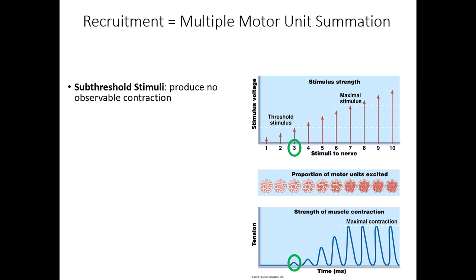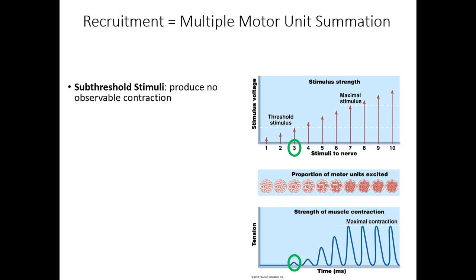And then the middle picture is showing you the cross-section of a muscle with the various motor units excited. So you can see the cross-section of the muscle on the far left has no dark circles. That means no motor units are excited or active. And then all the way on the right, you see that they're all active. And between none and all, there are varying degrees, right? So we're going to talk about that.